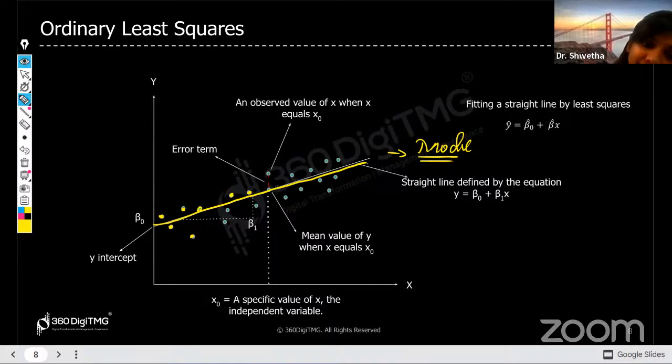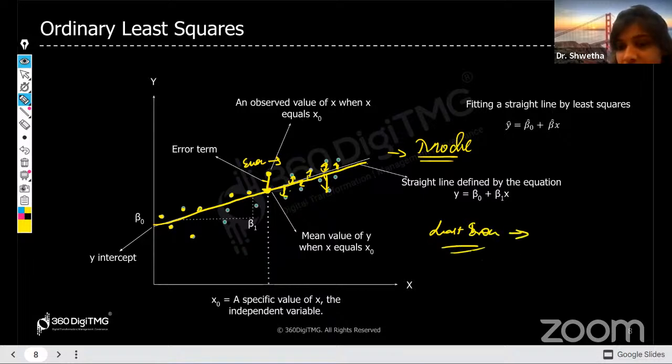We see the error, that is the distance from the actual point to the predicted point. This error is what we are trying to reduce. So whichever line gives us the least error is used as the best fit line.